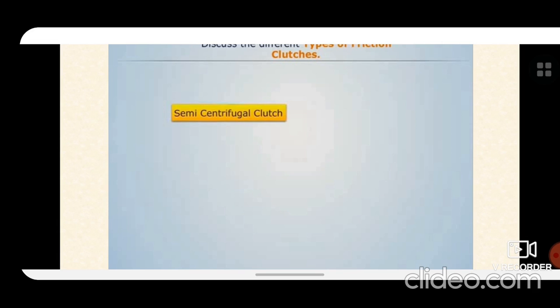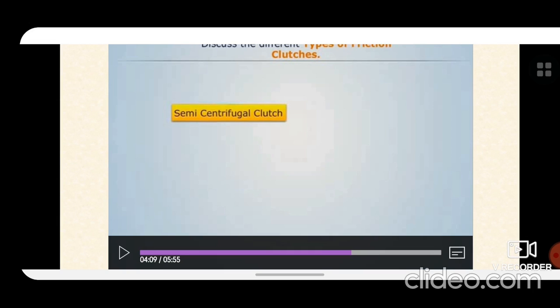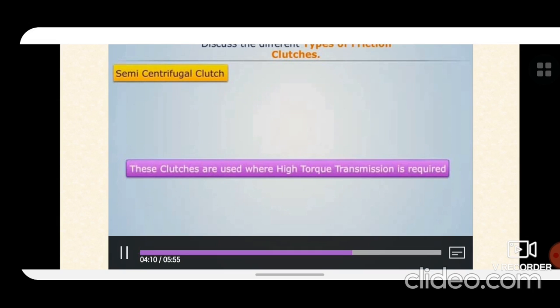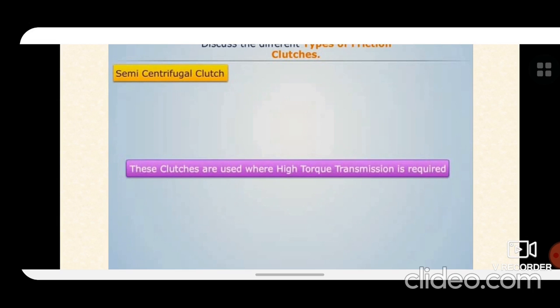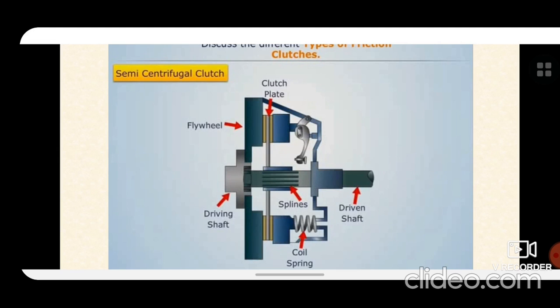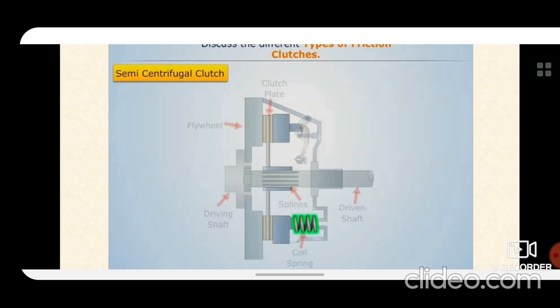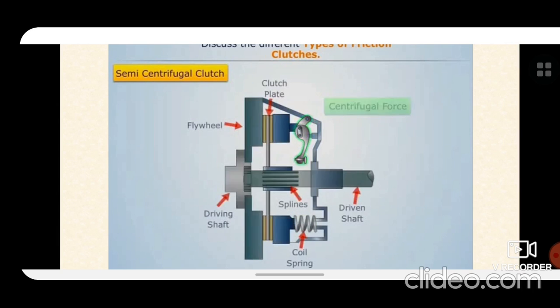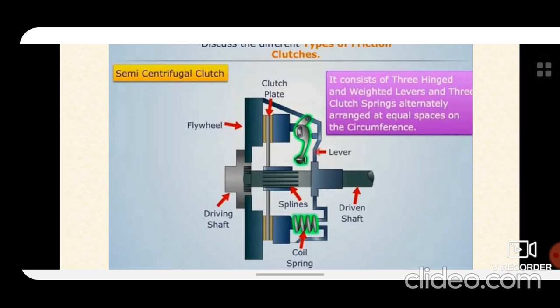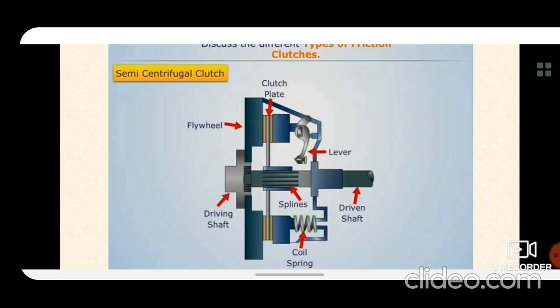Now let's discuss about the semi-centrifugal clutch. Generally, for small torque transmission, the clutch springs may be designed so that they have sufficient strength for applying the required amount of force and at the same time are not too stiff as to cause any strain to the driver while disengaging.